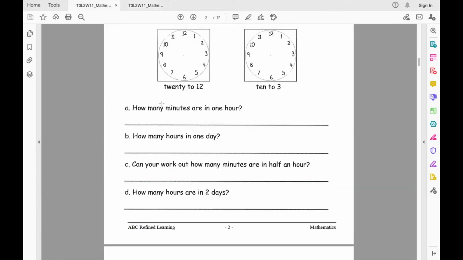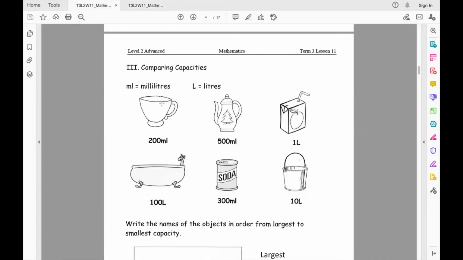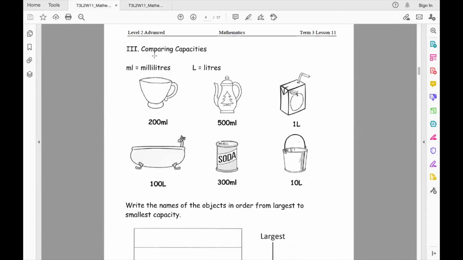Right, so that was question D. Let's move on to the next activity, which is exercise 3, comparing capacities. So let's have a look at these. These 2 letters, ml, stand for milliliters. So you might see this on a bottle of soft drink, or a Fanta can, or a Coca-Cola can.